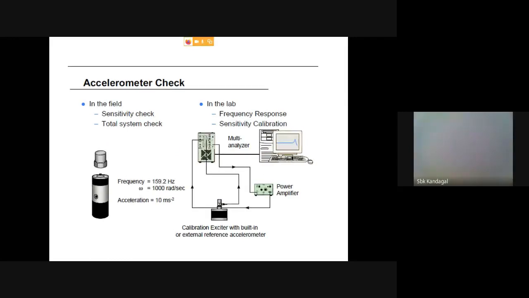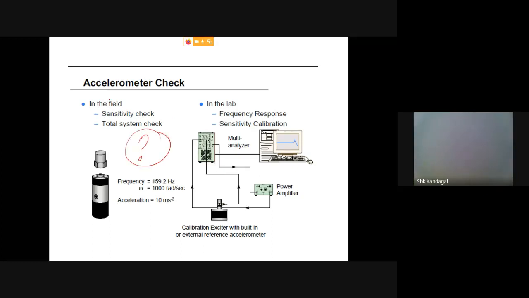And another last important thing we should note down here is the calibration of the accelerometer. We do a lot of experimentation in research and in industrial applications. The first question that comes is: how are you sure that your accelerometer is giving correct results as far as the vibration frequency and the amplitude are concerned? It's a big question and a very important question.